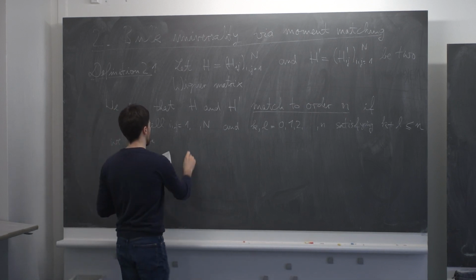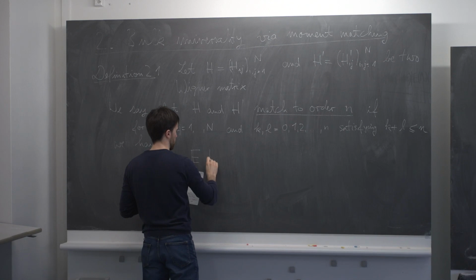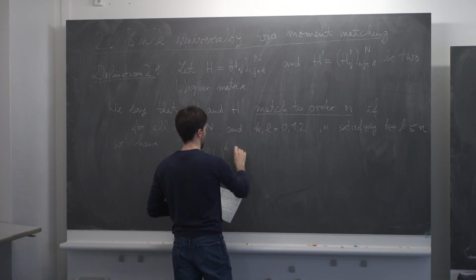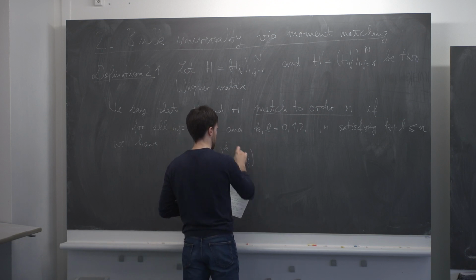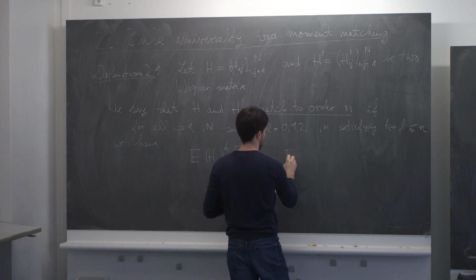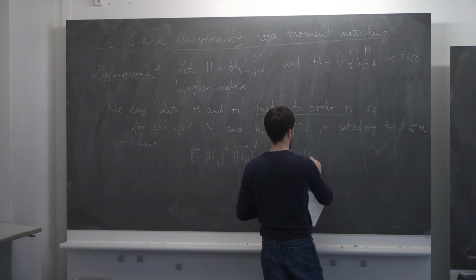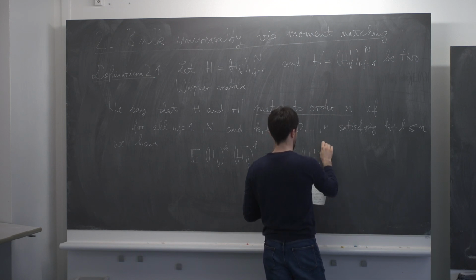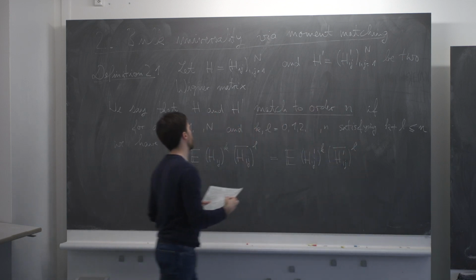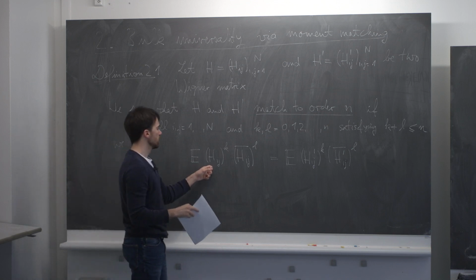We have that the expectation of Hij to the k times Hij bar to the l has to be the same as the corresponding expression when the Hij's are replaced by Hij prime. So we take Hij prime to the k and Hij prime bar to the l.